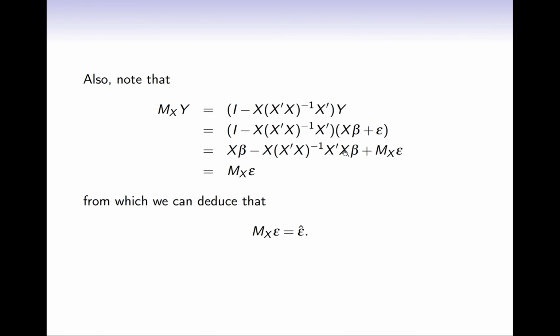The X beta cancels out, and you're left with M_X epsilon. So M_X y equals M_X epsilon, and remember M_X y equals epsilon hat. From this we can deduce that M_X epsilon, where epsilon is the true residuals, equals the fitted residuals. So the fitted residuals are the true residuals after regressing on X. All these things are equal: M_X y, M_X epsilon, and epsilon hat.